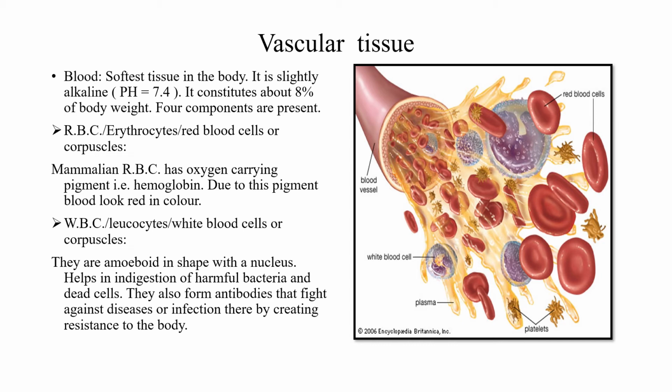Because of that it is known as the police force of our body, because it fights against the antigens or the foreign particles or disease causing organisms that enter inside our body. So WBC is very important to increase the immune system to fight against the foreign particles.